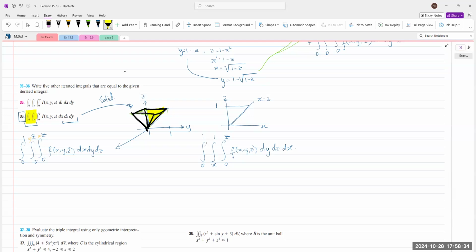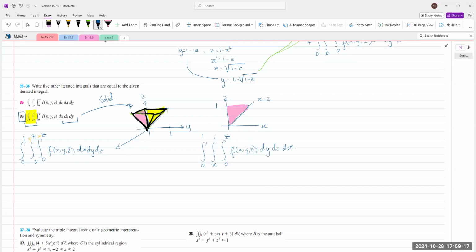If I pick something from here, and then I shoot in the positive y direction, I start from the xz plane, that's why I did 0 here, and I will end at this plane. Now that plane is z equals y.